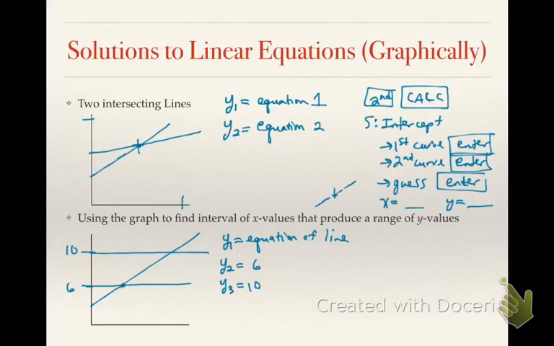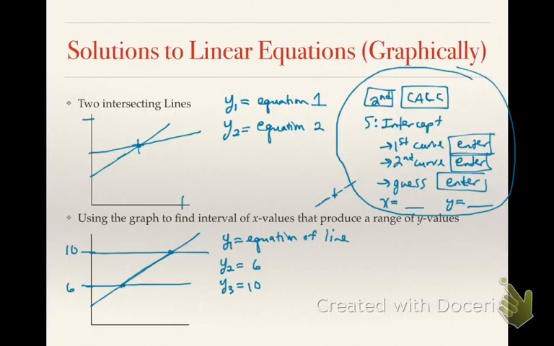And say you want to know the values between those two outputs. So what values of x give you all the values between those two outputs? You're going to do the exact same thing as up above. Second calc, intersect, first curve, second curve, guess.